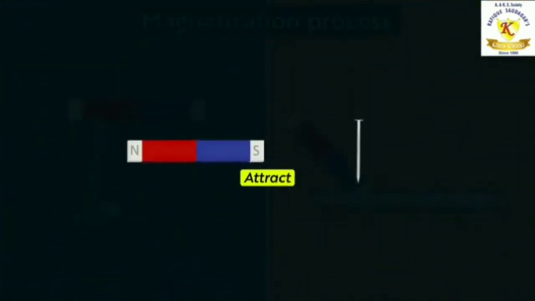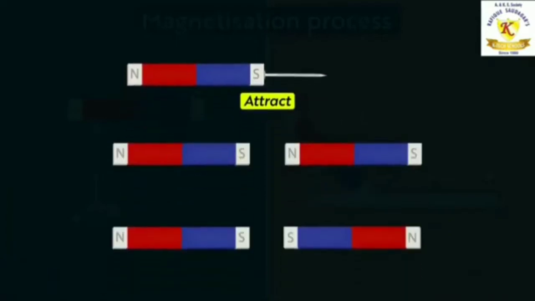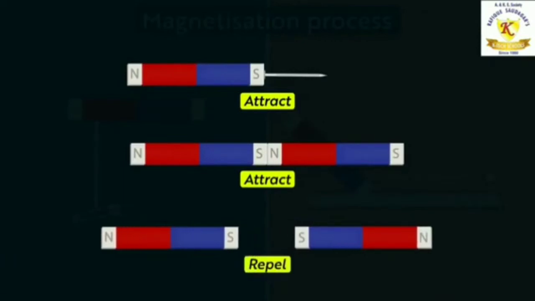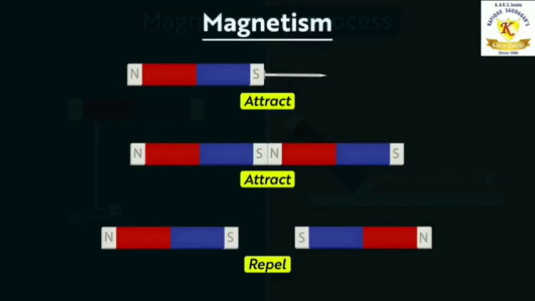Yes, we know that magnets attract magnetic objects like iron or repel other magnets. Do you know what this property is called? This property of a magnet to attract or repel is called magnetism.